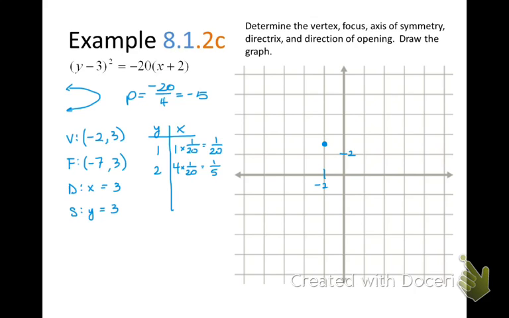My focus is at negative 7, 3, which will be out negative 2, negative 4, negative 6, and then one more, so right here. My directrix is at y equals 3, which will be right here.